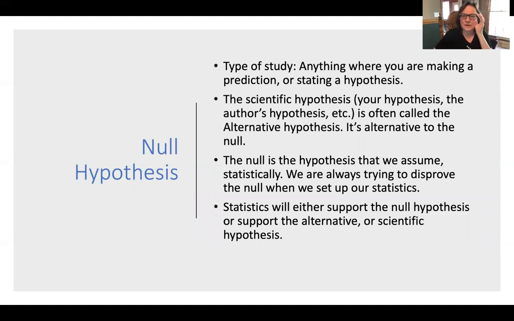When you're looking at a null hypothesis, you have to have a study that has a hypothesis. A review of the literature doesn't have a hypothesis. In that case, that might be a review article, but it's not going to have a hypothesis attached to the review. So there's no point in looking at what is a null hypothesis for that kind of article.